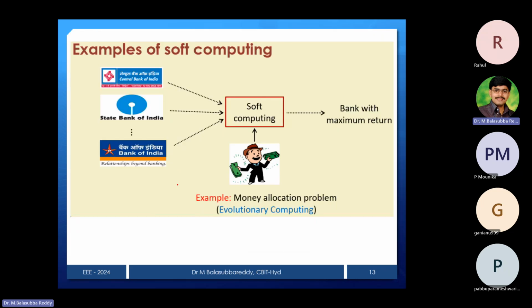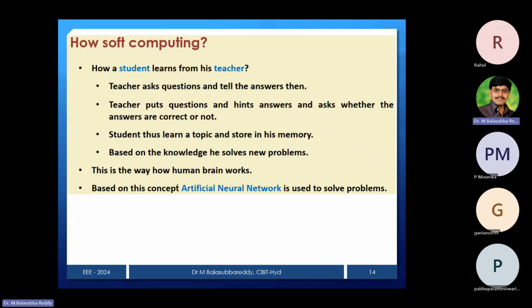Similarly, as an example of soft computing, there are different banks, and I need to allocate money based on profit, which bank will return more profit. With that analysis, soft computing will do the process and finally decide the bank which maximizes the returns. This is also one of the algorithms we can do with soft computing techniques.